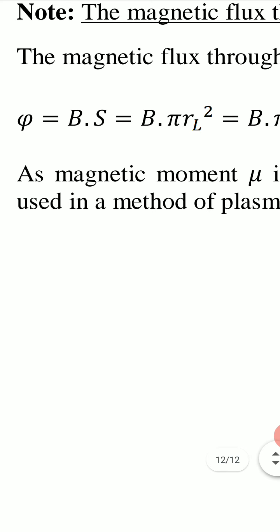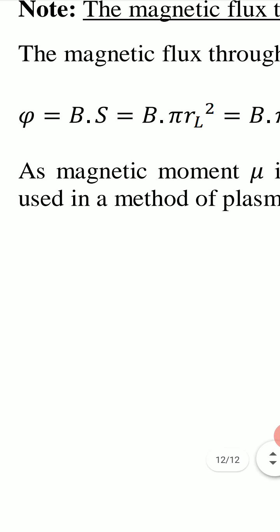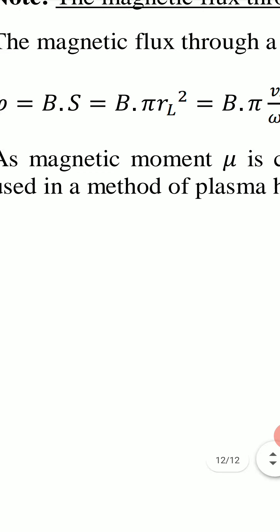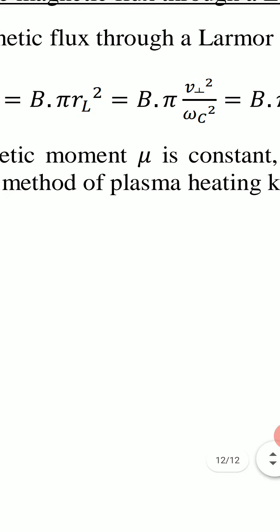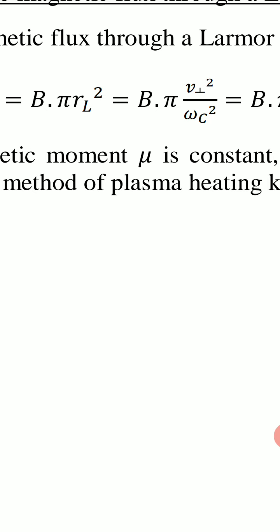S is the area of the Larmor orbit, that is pi R L square, pi r square. R is R L, the Larmor radius, and the Larmor radius R L is equal to V perpendicular upon omega c, using V equal to omega r.